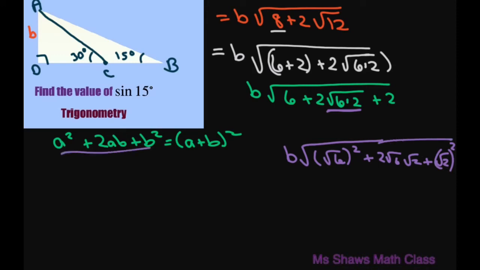I'm just trying to make it look like that. Again, a was square root of 6, and b is square root of 2. And then I'm going to condense it.